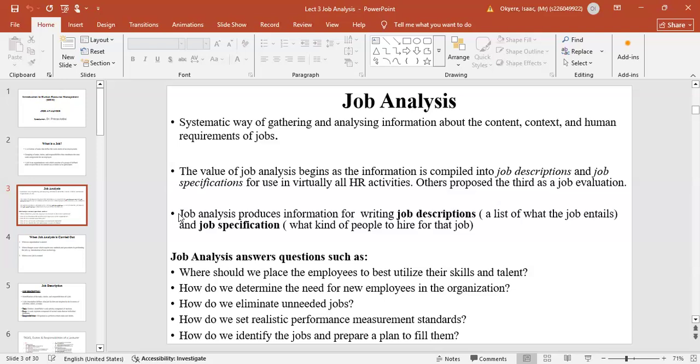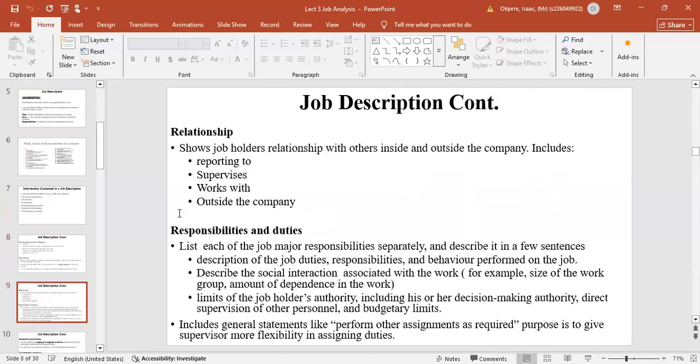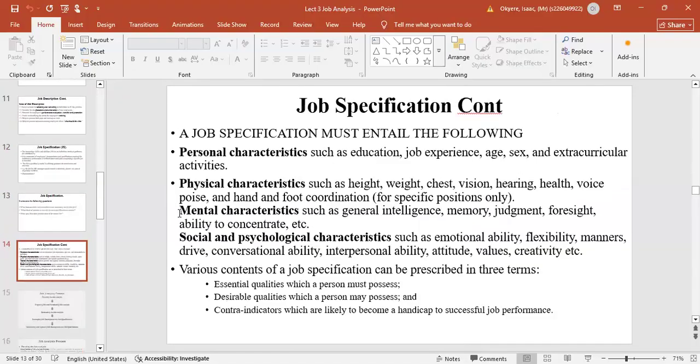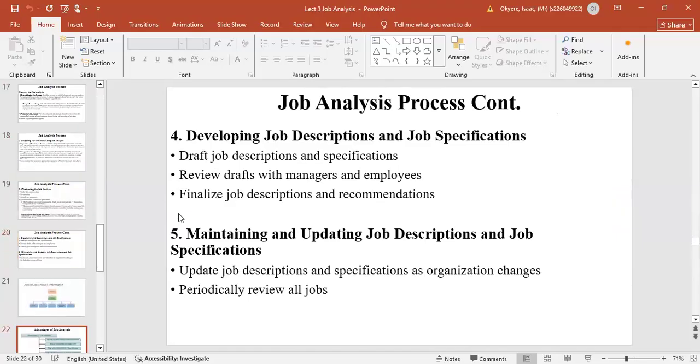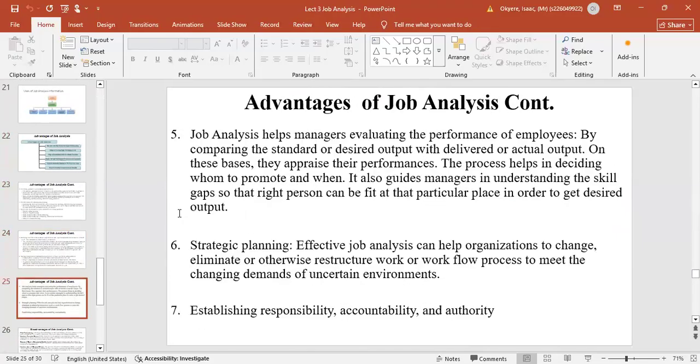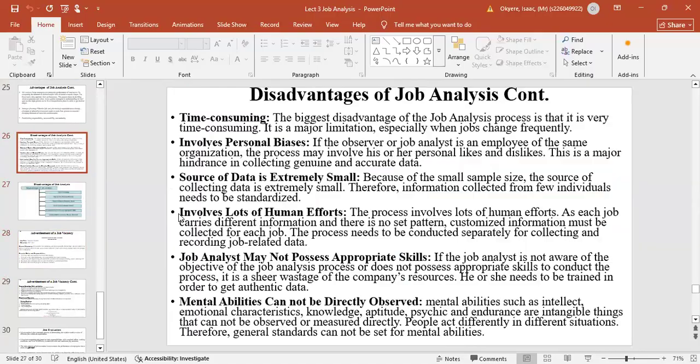2, it comes out with job specifications. And then 3, it comes out with job evaluation.